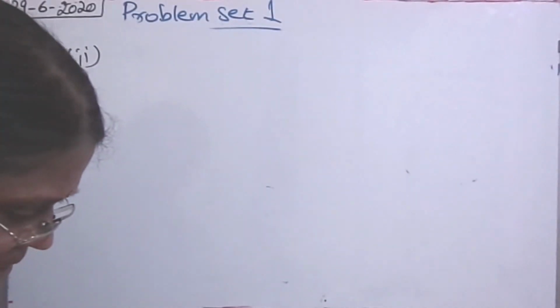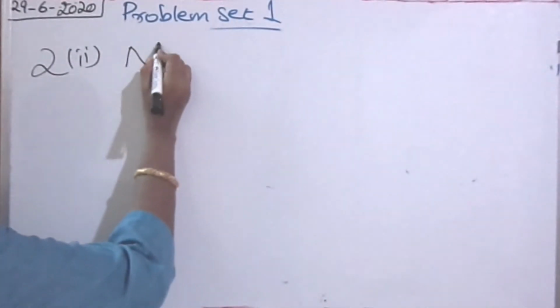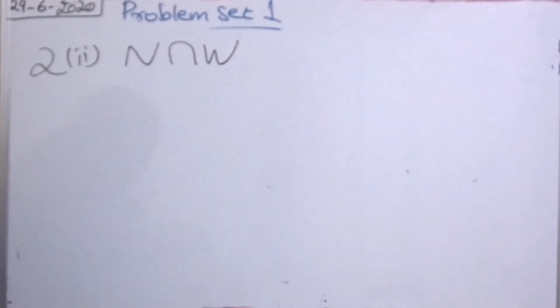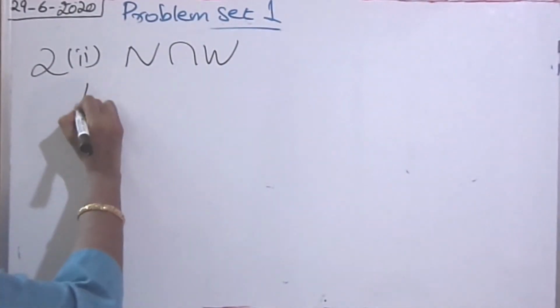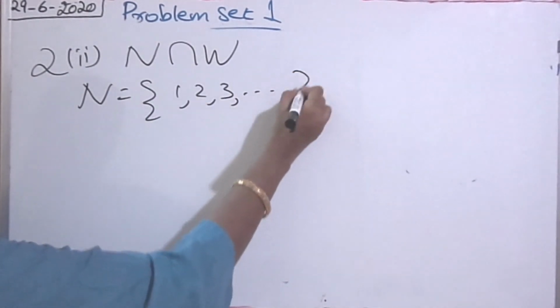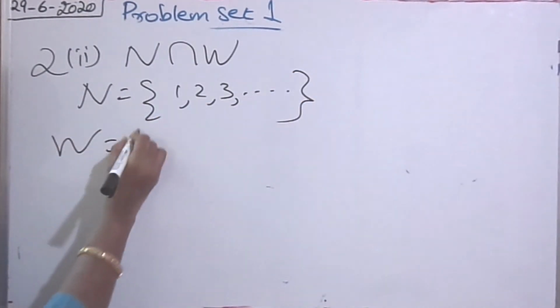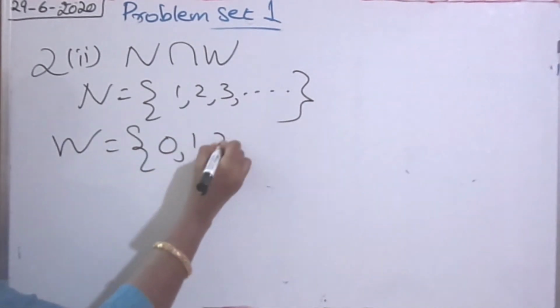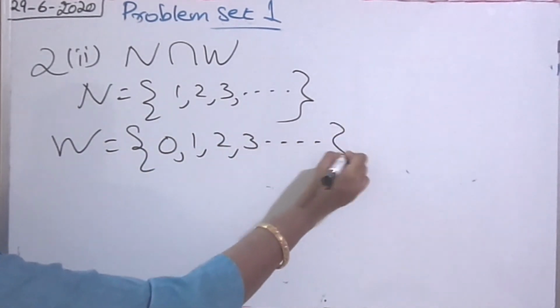Which of the following sets represents N intersection W? What do we mean by N? The natural numbers, continuing. What do we mean by W? Whole numbers 0, 1, 2, 3, so on.